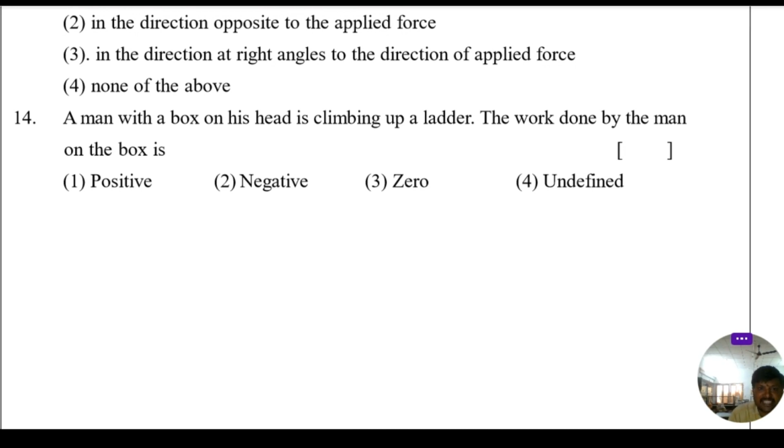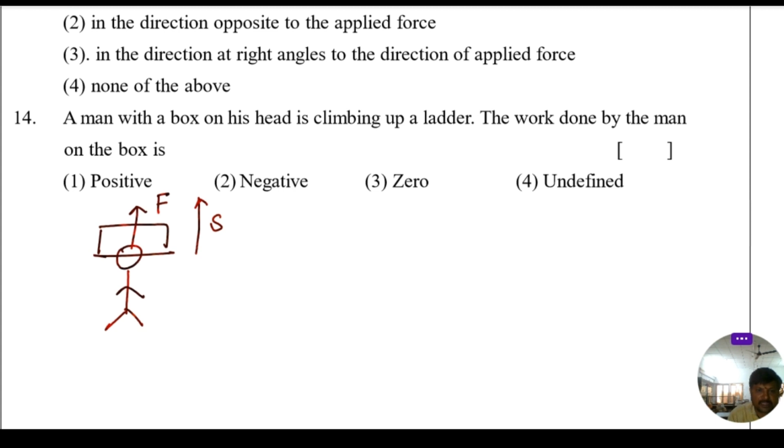14th question. A man with a box on his head is climbing up a ladder. The work done by the man on the box is. Here a man is with a box on his head. He applied a force F in upward direction and he is climbing up a ladder. That means the displacement of the box is also in the upward direction.